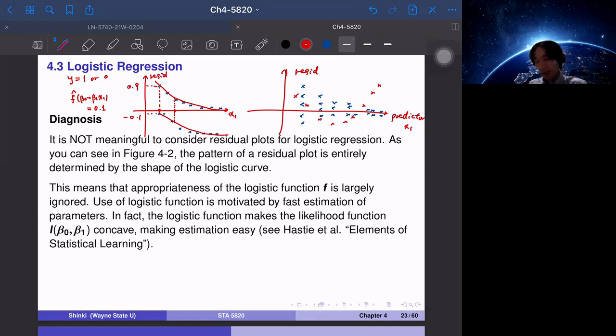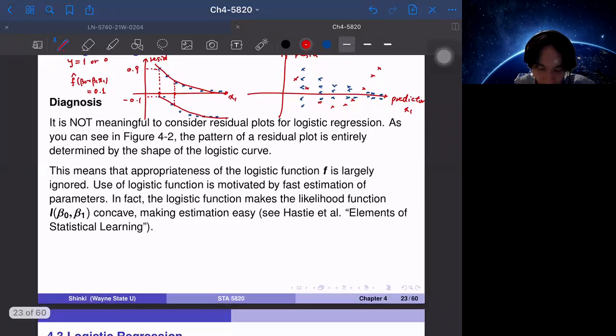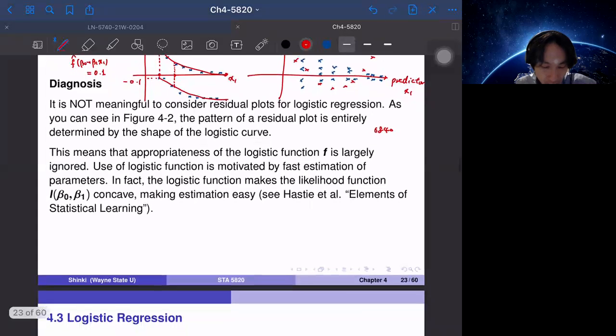We can still do something, like take the average of several residuals, but we don't cover that in this textbook. In 6840 we cover some interpretation of residual plots, but here we don't, because the course focuses more on prediction rather than statistical analysis, so we skip that.